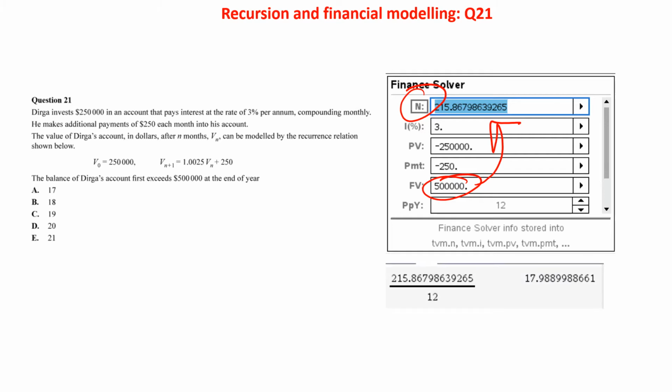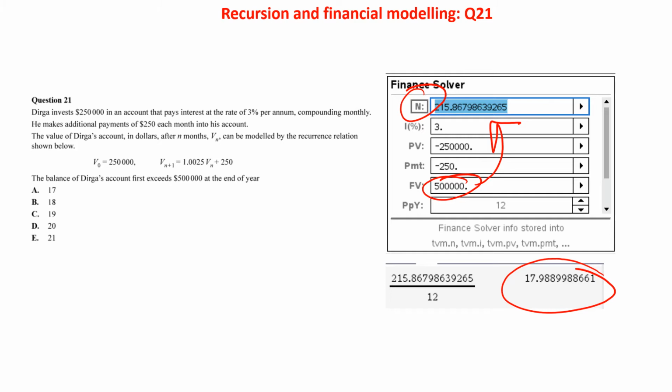I did say 216, but as you can see, it's 215.867, etc. If I divide that by 12, I get 17.98. Now the question says the balance of the account first exceeds 500,000 at the end of the year.